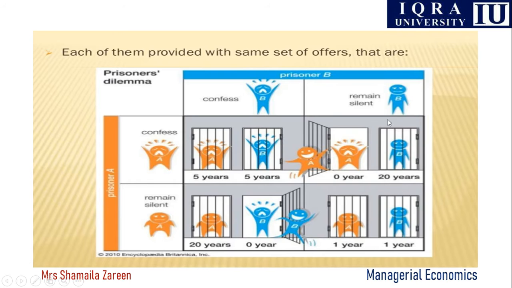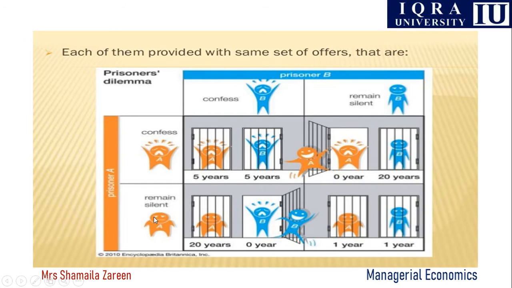If prisoner B confesses, he will get 5 years jail, and if he stays silent, he will get 20 years jail. So the better option is to confess. So prisoner B will confess.